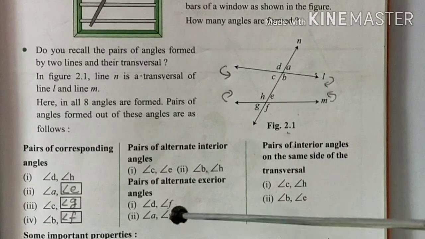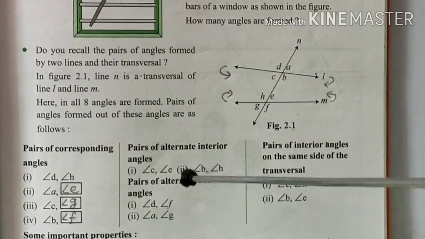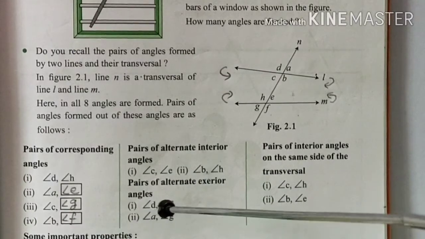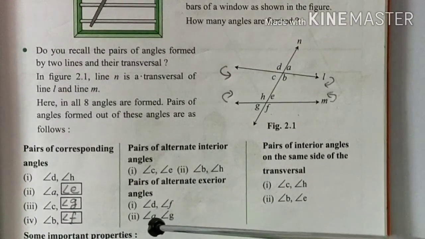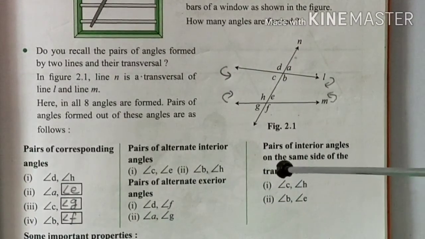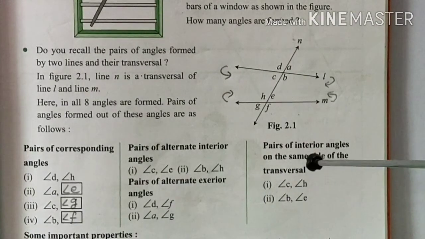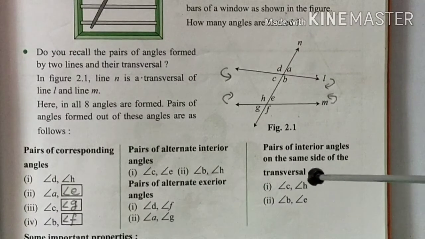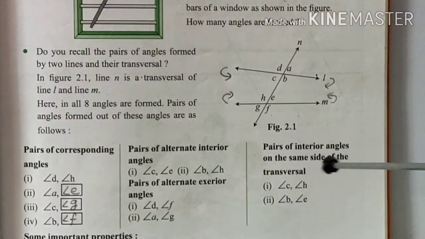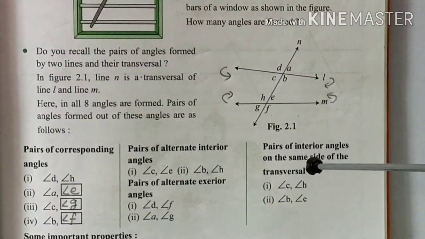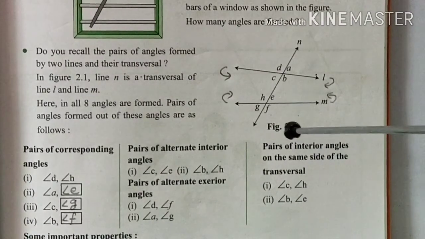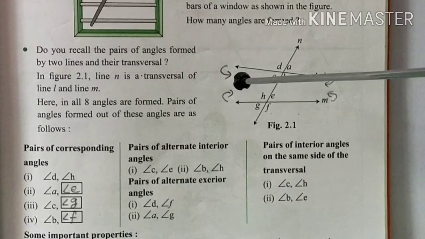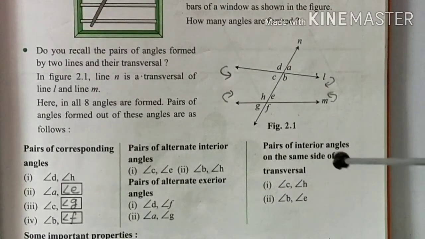Okay, so like this we can write the pairs of alternate interior angles and pairs of alternate exterior angles. Now the next pair is what? Pairs of interior angles on the same side of the transversal. Interior angles are what? Both angles are in the interior portion of the lines and on the same side of the transversal.